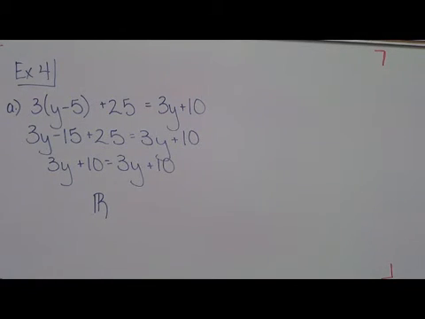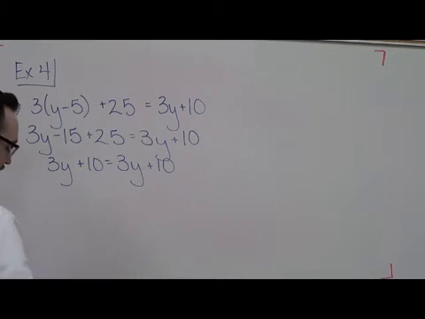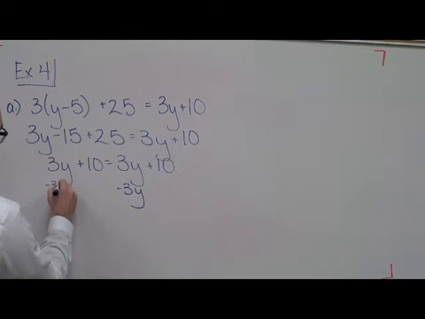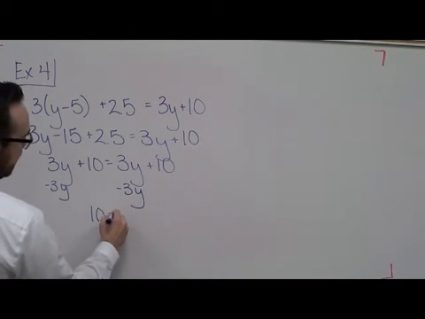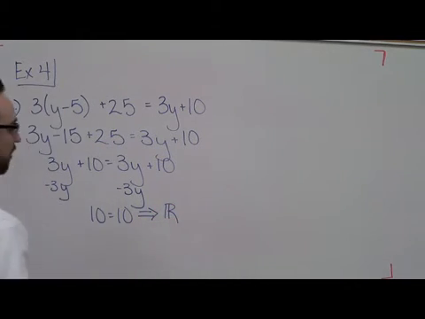So anytime you see that both sides of the equation are the exact same thing, and sometimes you might just get a number is equal to a number. So if I subtracted 3y from both sides, we would get that 10 is equal to 10, which implies that it's all real numbers. So it doesn't matter how you look at that. If you get rid of the variable and you have the same number on both sides, the solution is all real numbers.